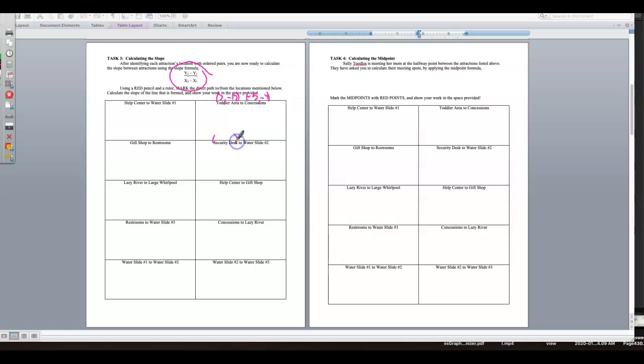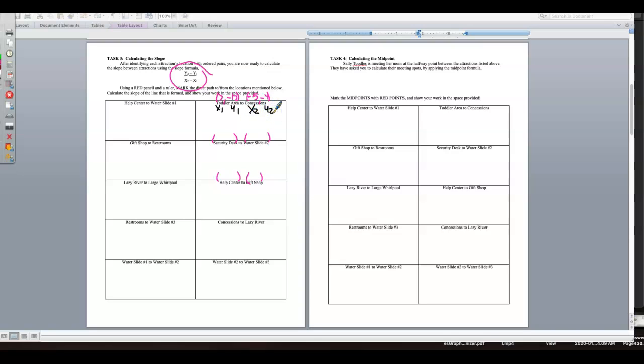Right above all of these, I want you to write them in so that you can better see and plug into the formula correctly. If you want to, you can write in what your x1, y1, x2, y2 is. Again, I would suggest doing that, especially in order to substitute correctly. So this would be x1, y1. This would be x2, y2.